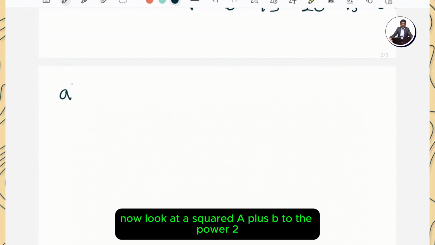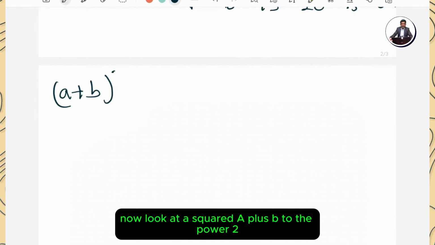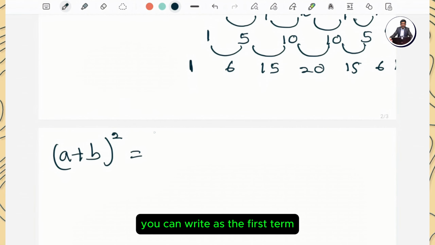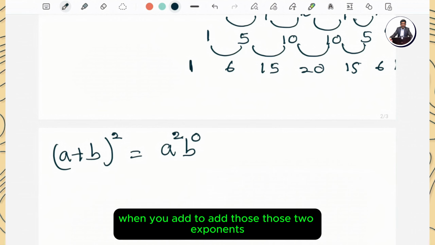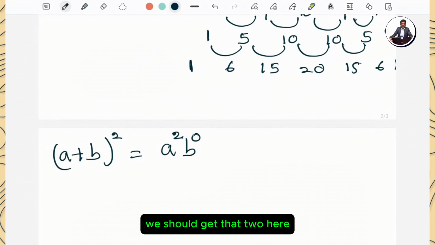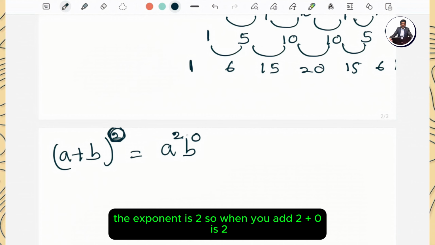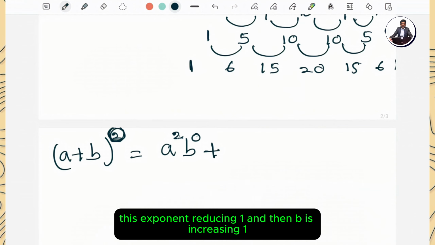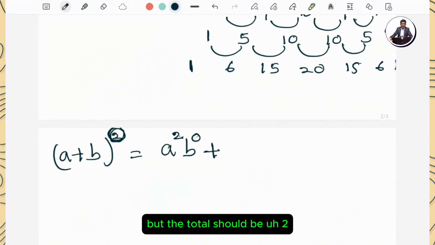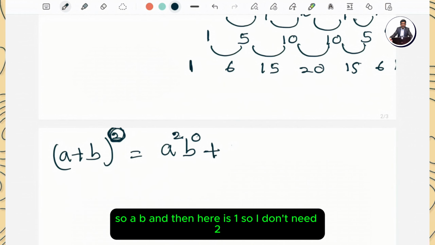Now look at (a + b) to the power 2. You can write the first term as a squared and then b to the power 0. When you add those two exponents, we should get 2: 2 plus 0 is 2. Then plus, and in the next term the exponent of a is reducing by 1 and b is increasing by 1, but the total should be 2. So a, b.